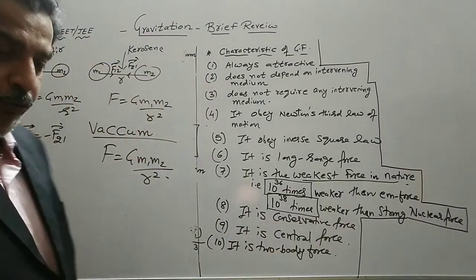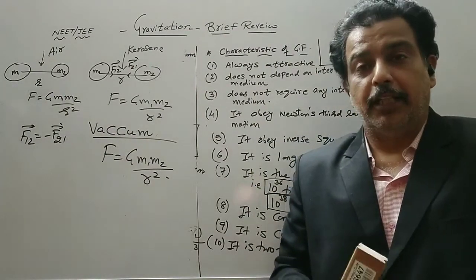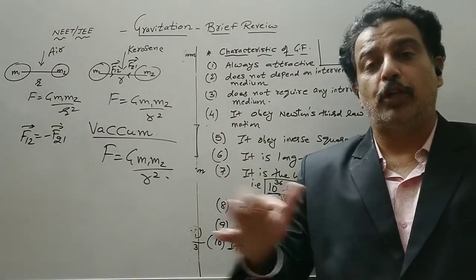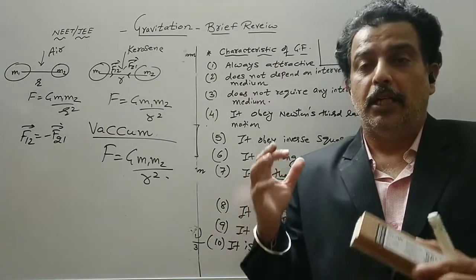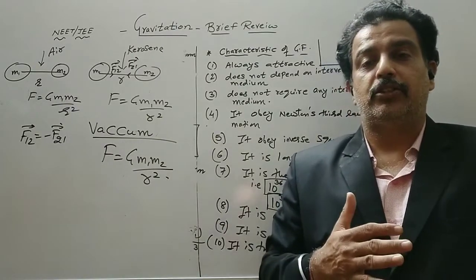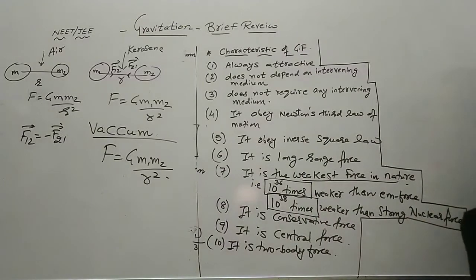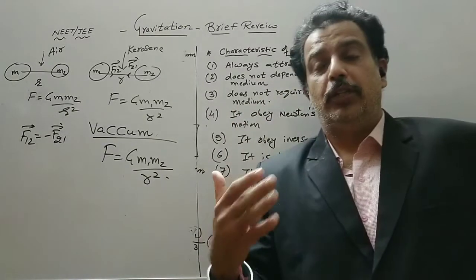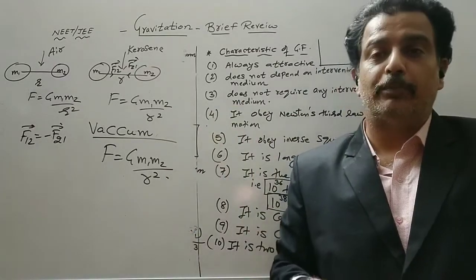Here conservative force means the work done by the gravitational force or against the gravitational force does not depend on the path followed. So if you are doing the work against the gravitational force or in the direction of the gravitational force, when we discuss work, we know it is force into displacement, that is actually a dot product.